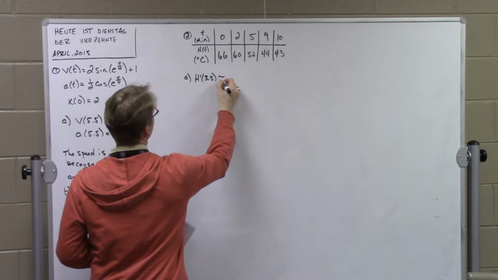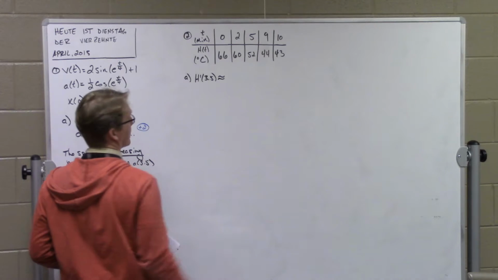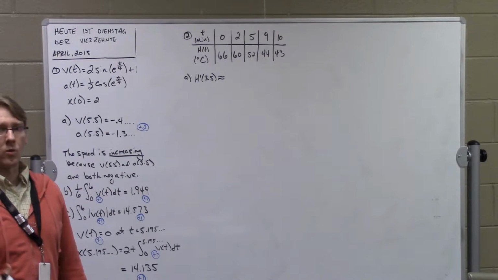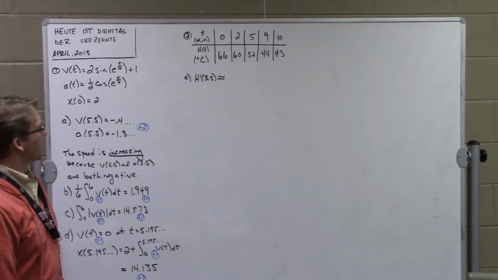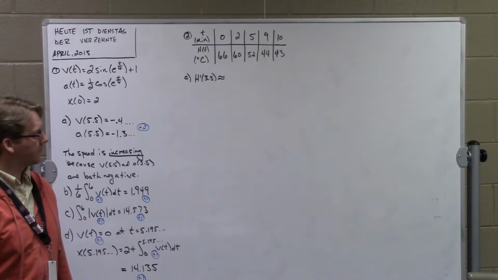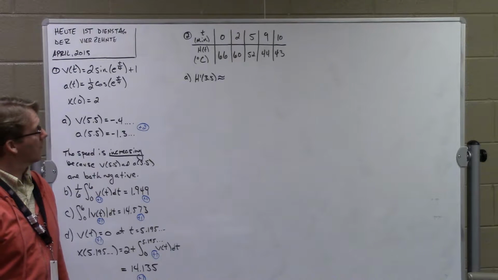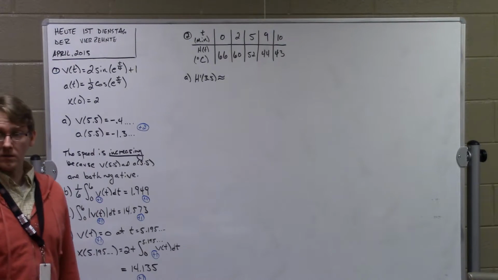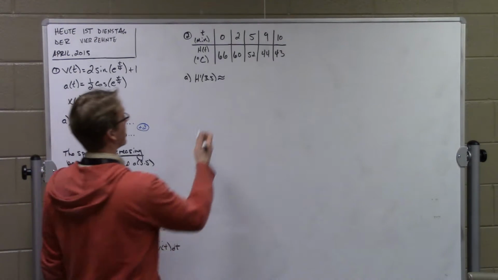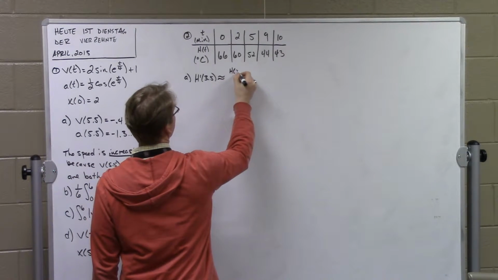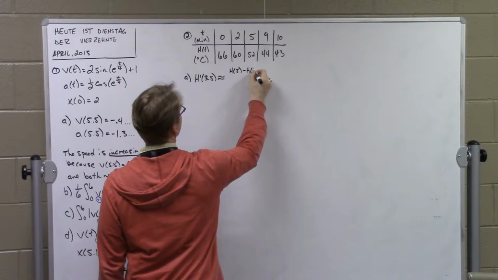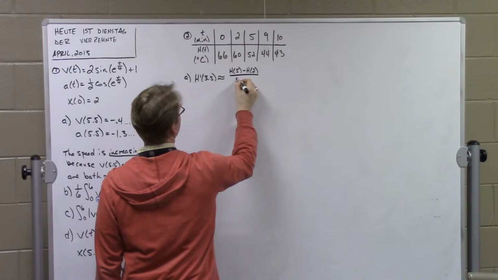You don't lose points for not writing this, but it's good for the reader to see up front what I'm supposed to be doing. All right, what do we do? H of 5 minus H of 2 over 5 minus 2.